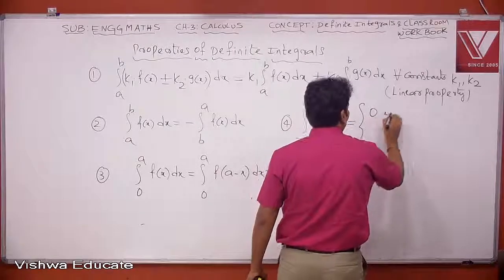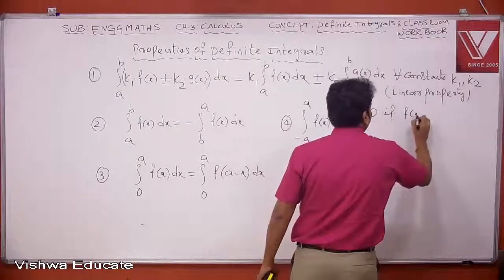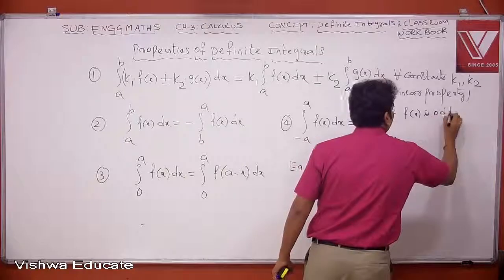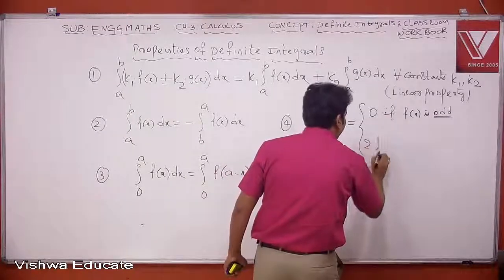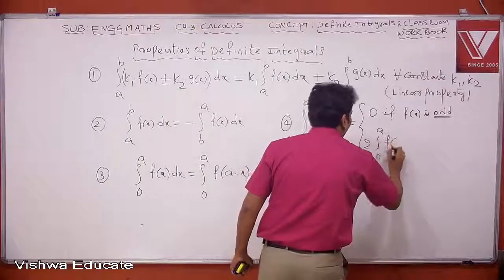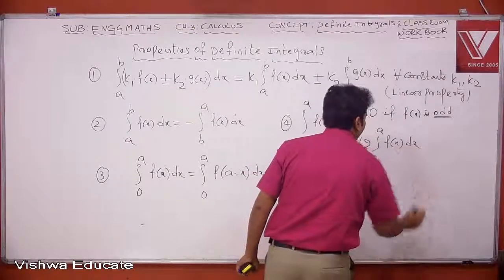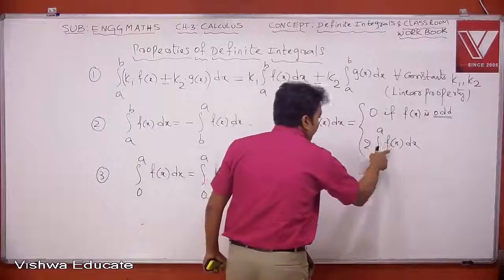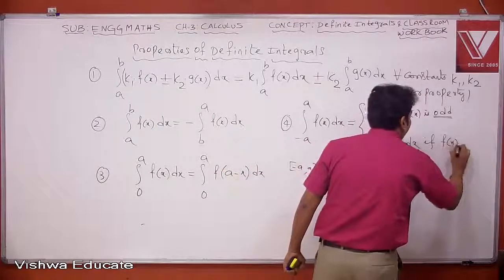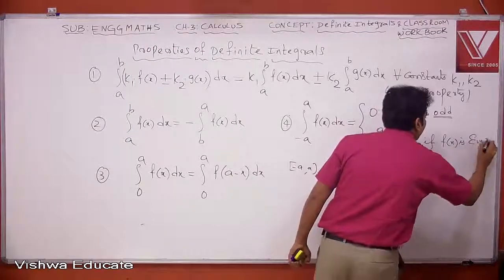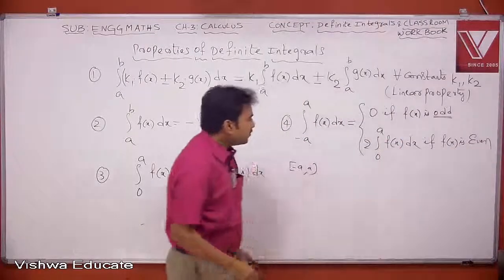So this integral is 0 if f of x is odd. If it is even, then this becomes 2 times integral 0 to a f of x dx.